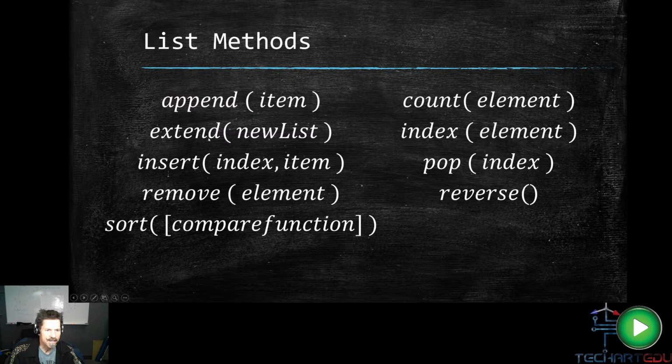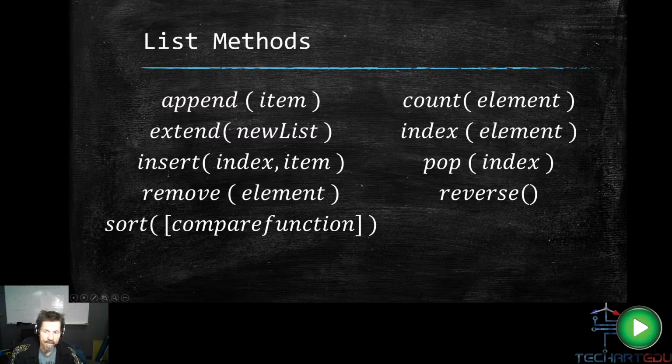You can extend it, meaning if you've got two lists, you can slap one list on top of another. You can insert an item or another list inside of an already existing list. You can remove an element, and you have to tell which element to remove. You can sort them if you put in some kind of comparison function.